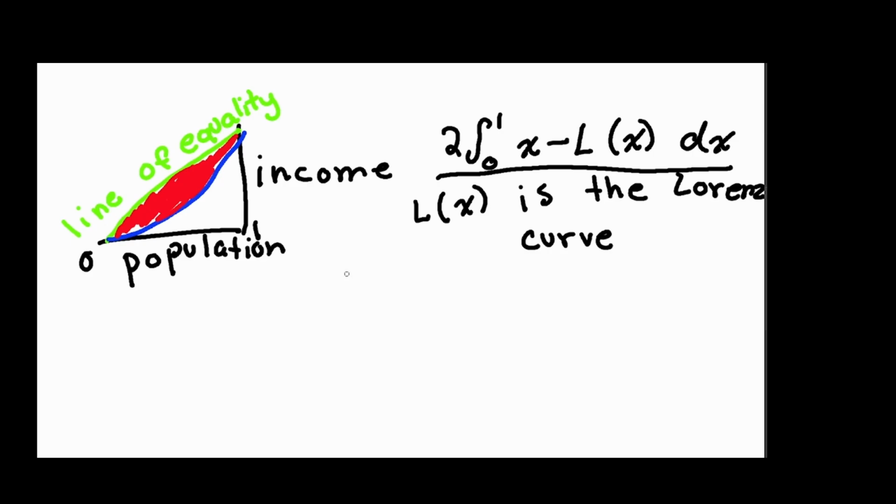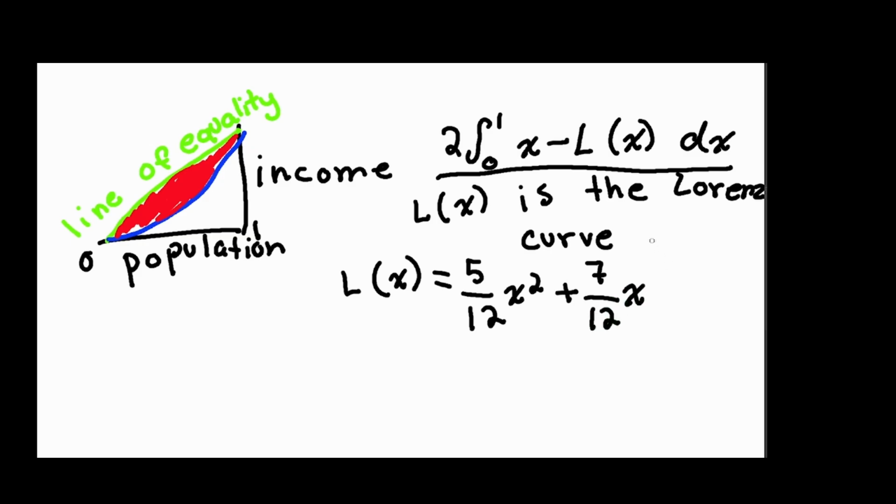Let's assume in our situation that L of x is equal to 5 over 12 times x squared plus 7 over 12 x. Let's assume that's our Lorenz curve for this situation.